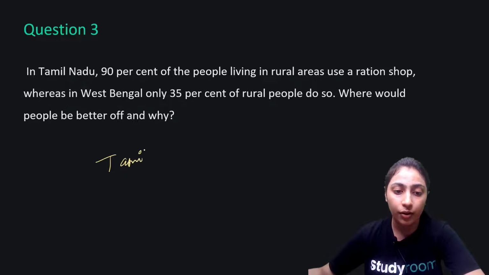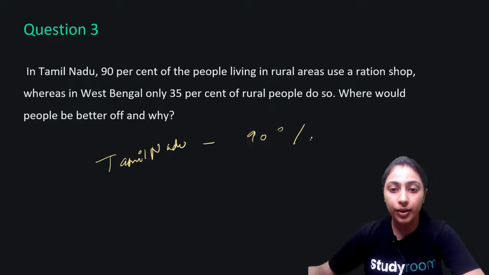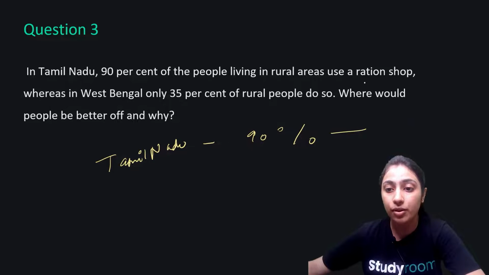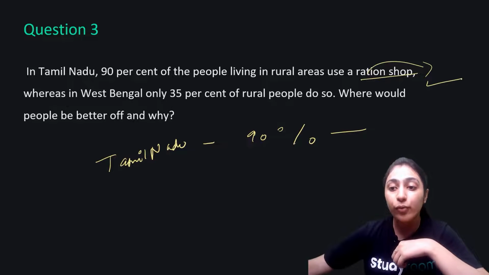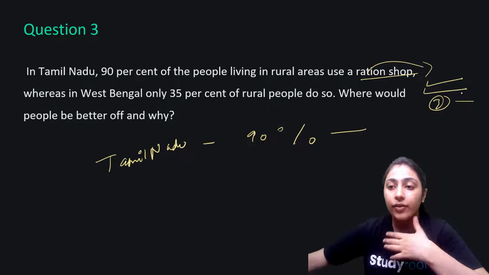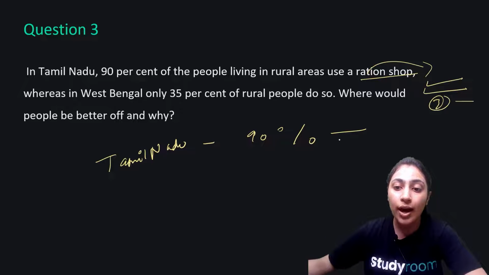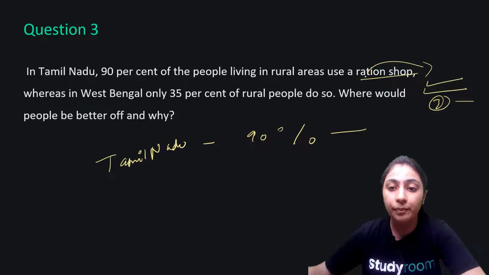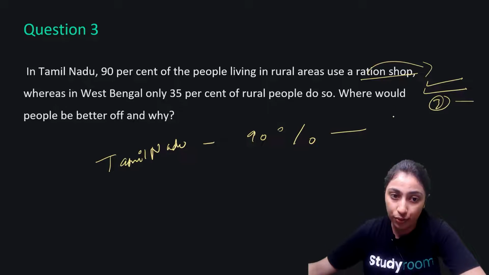In Tamil Nadu, 90% of the people are using ration shops. Ration shops here mean that they can buy food. They are eating three meals of the day. They have the ability to buy food.